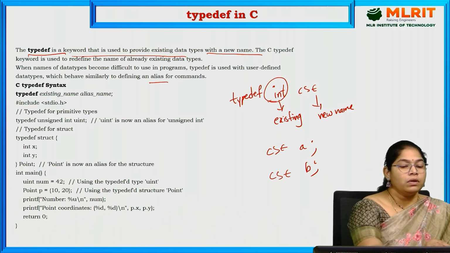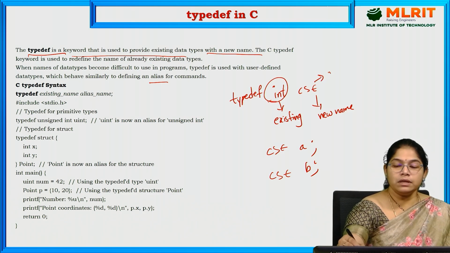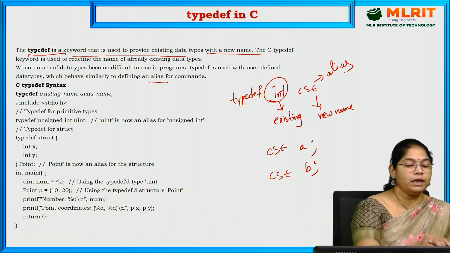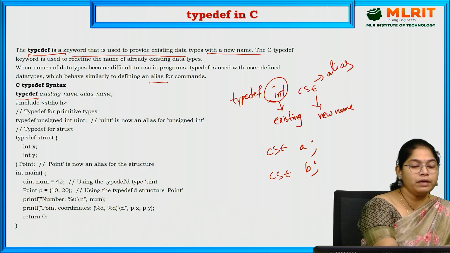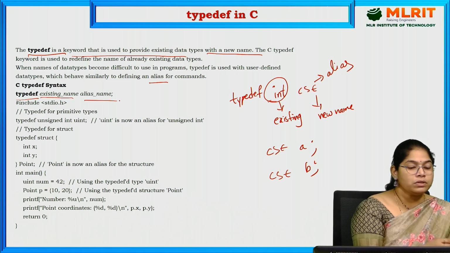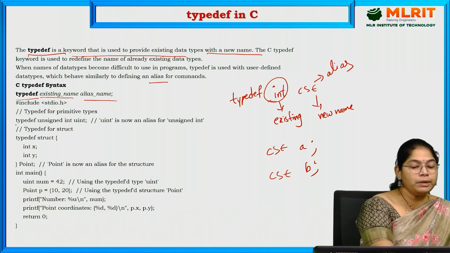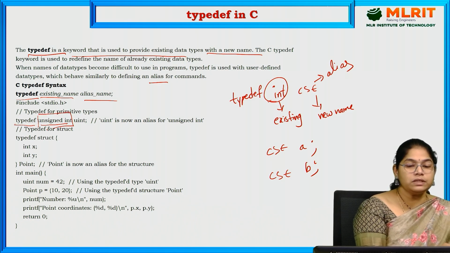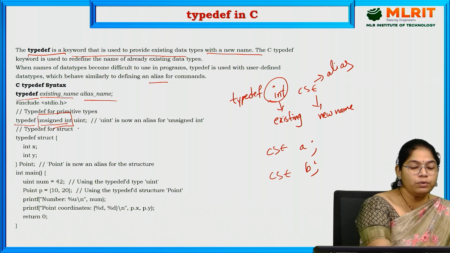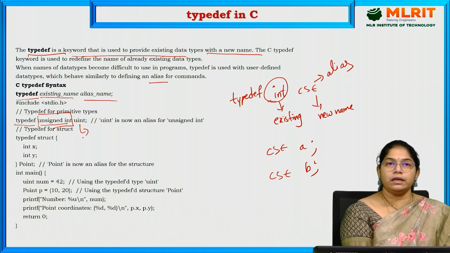So like this, it becomes an alias for the command. The syntax is typedef, which we have to use as a keyword, then the existing name and the alias name. Here I have considered an example, typedef unsigned int. For this existing data type, I want to use the new name UINT.